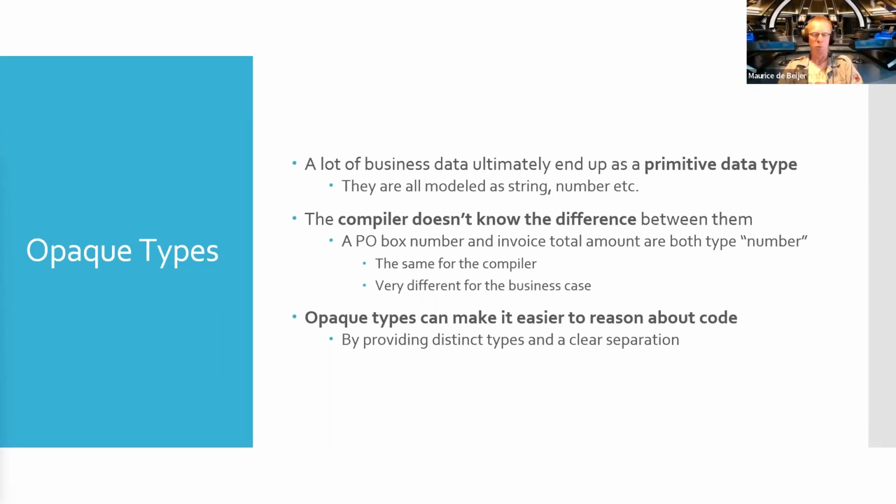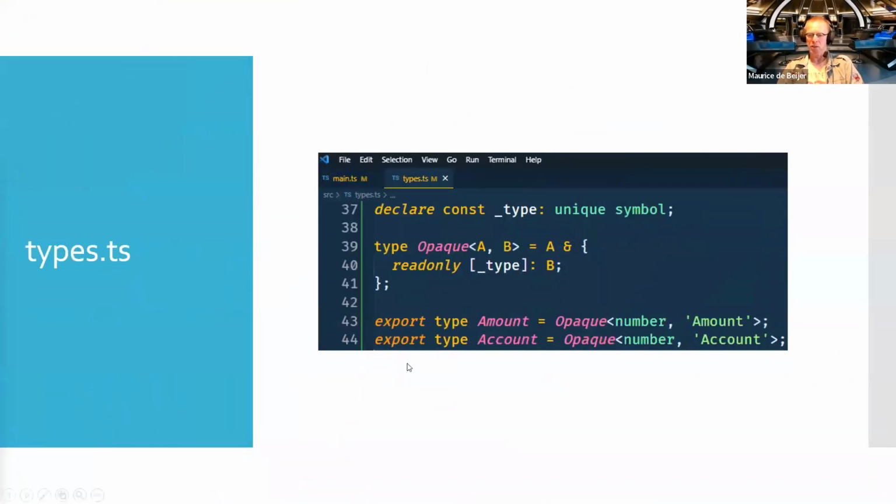So with opaque types, and that's a type like this, you can actually create this type which derives in this case from number, but adds some key to it. And so the amount, we add the key amount. With account, we add the key account. And then we've got types which are actually different, but will still also work as a number.